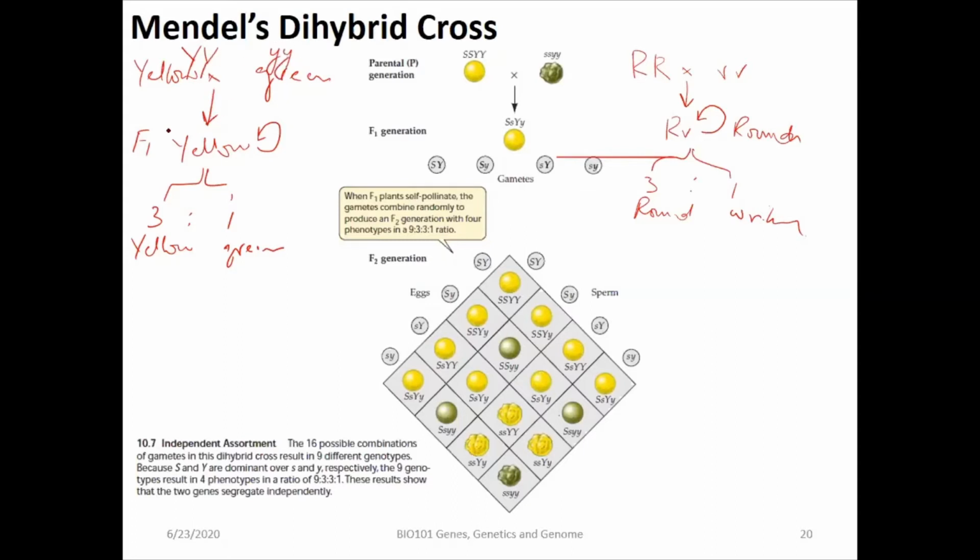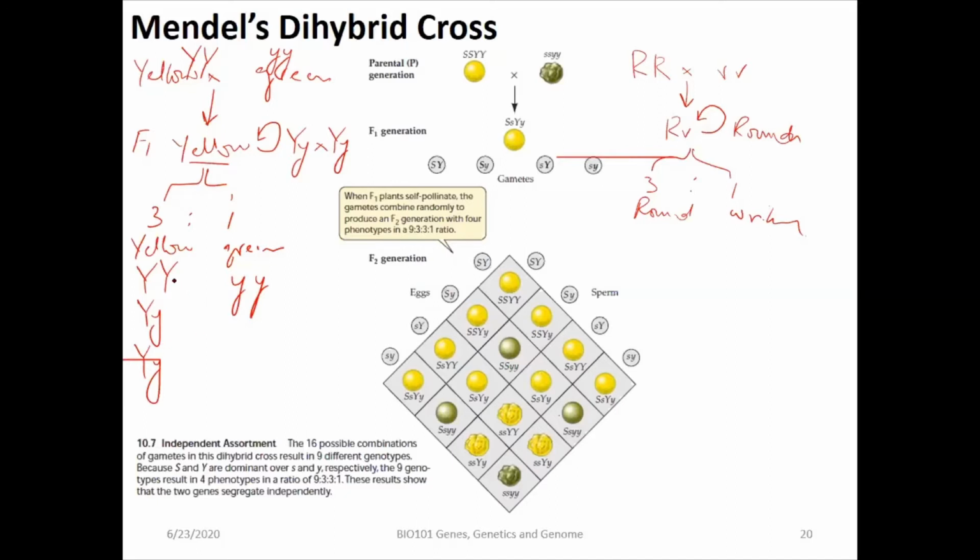F1 was this one. When you self-cross F1, these yellows, which are heterozygous, you get three yellows, one green. That phenotypic ratio, 3:1.